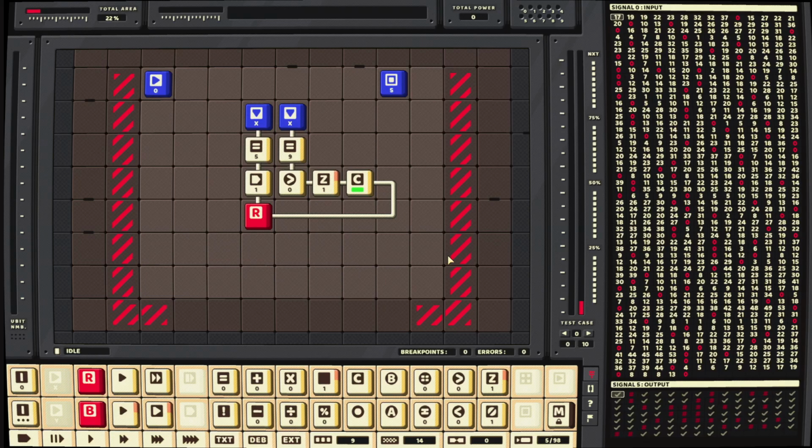So this, I think, is how you could say, is 9 greater than 5?